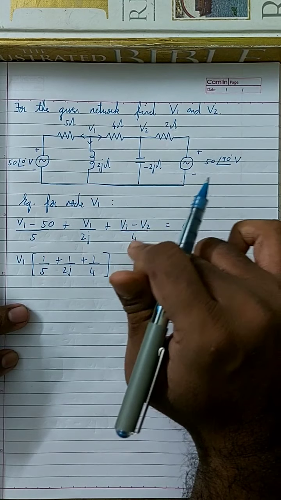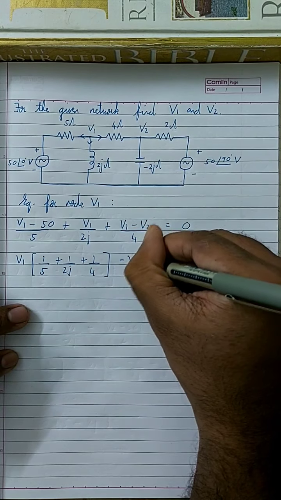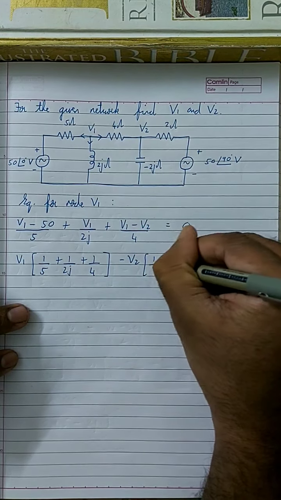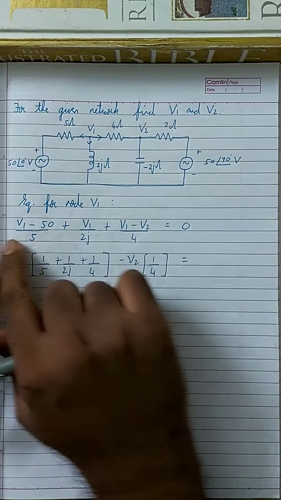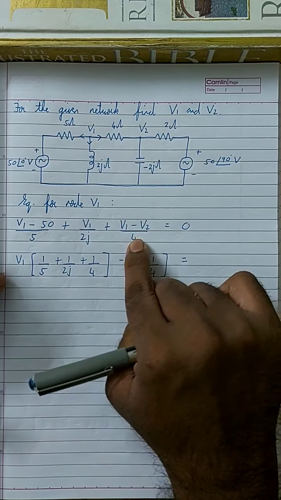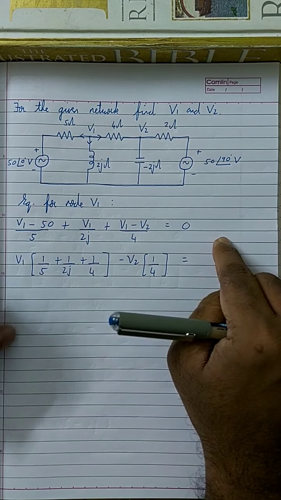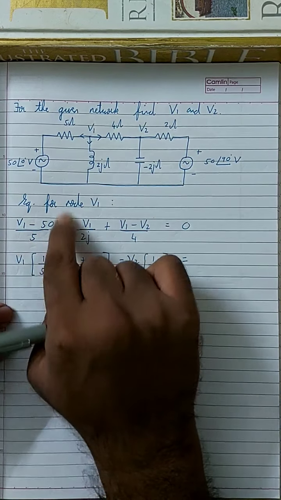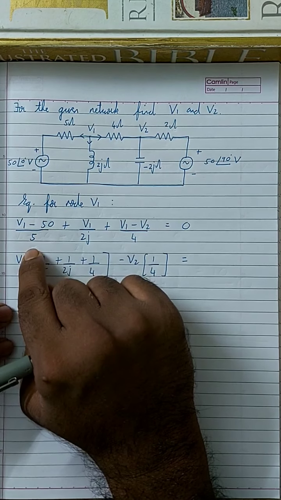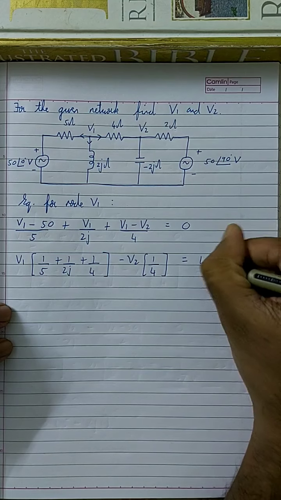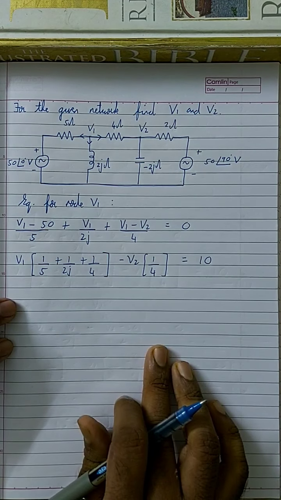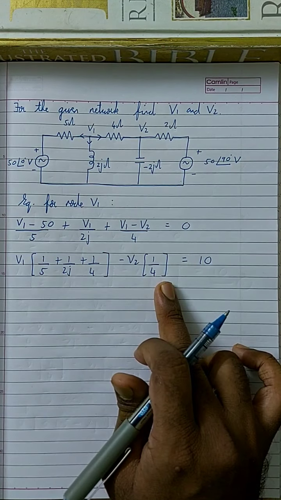It is minus V2 by 4, so minus V2 into 1 by 4. There's no other V2, only this V2 is over here. And what about the constants? There's one constant over here: minus 50 by 5. Minus 50 by 5 is minus 10, and moving it to the right side it becomes plus 10. Let me simplify this equation.